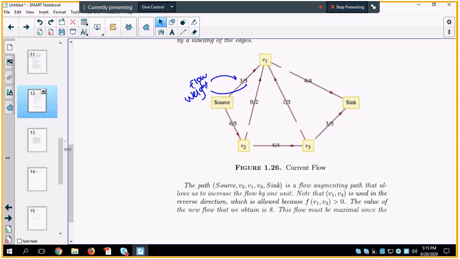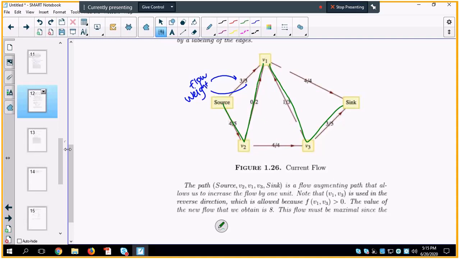The path, source, V2, V1, V3, sink, so that's source to V2, V2 to V1, V1 to V3, and V3 to sink, is a flow augmenting path that allows us to increase the flow by 1 unit.